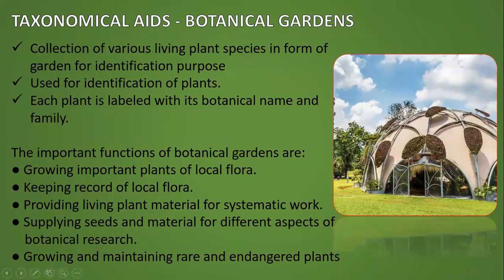Yes, so it's very beautiful to visit. There are many names mentioned in your NCERT, so please go through that as well. I have not included it in the slides. They are a collection of various living plant species used for the identification of plants only. Each plant is labeled with its botanical name and family.